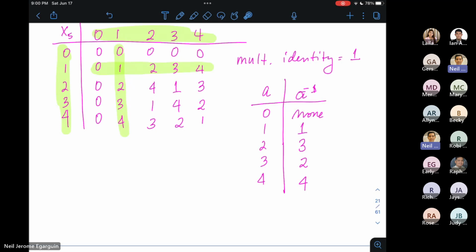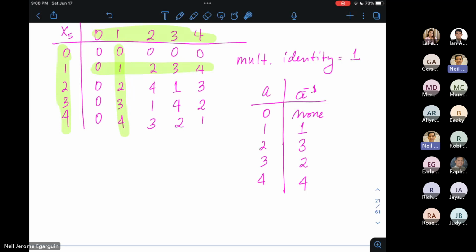Tapos yung sagot, i-divide ko by 5, kukunin ko yung remainder, yun yung sagot. So both addition and multiplication modulo 5 are very dependent on the properties of usual addition and multiplication. And then so that I think that is sufficient to argue that it is associative, it is commutative.